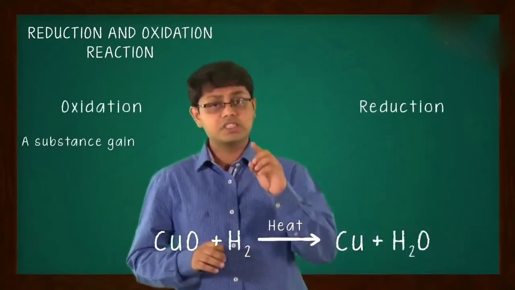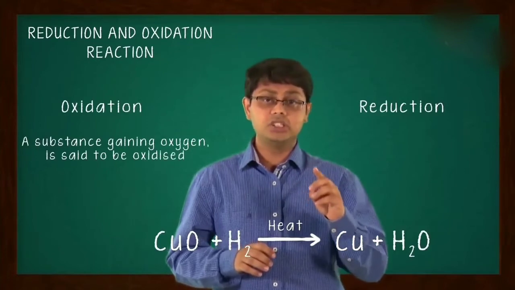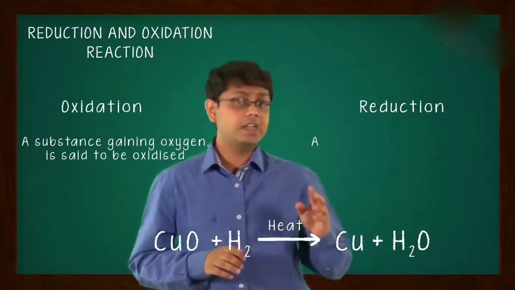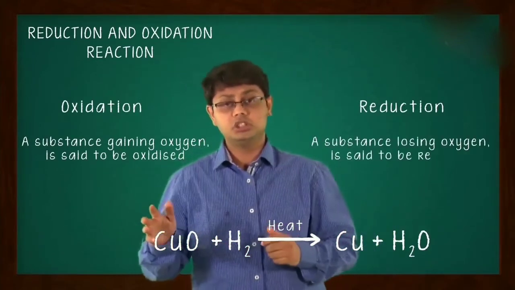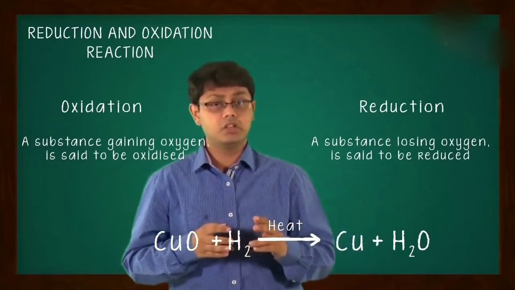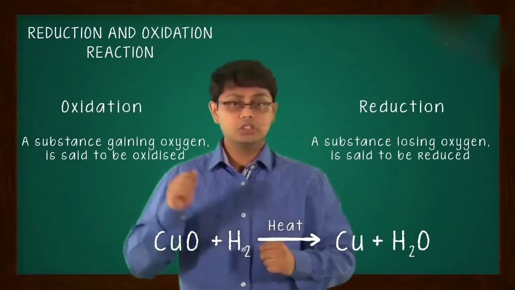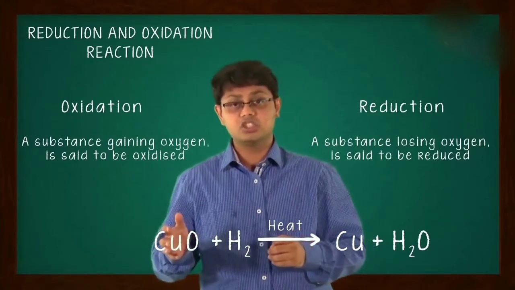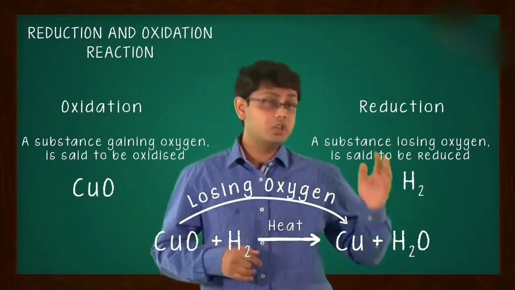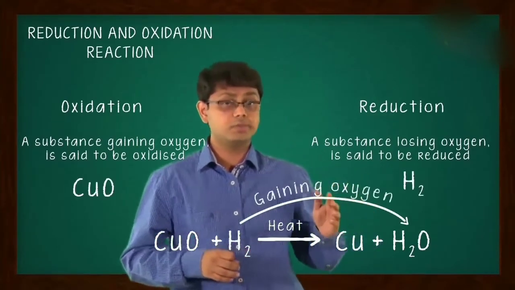Now, if a substance gains oxygen during a reaction, it is said to be oxidized, and if a substance loses oxygen during a reaction, it is said to be reduced. During this reaction, the copper oxide is losing oxygen and is being reduced, and hydrogen is gaining oxygen and is being oxidized.